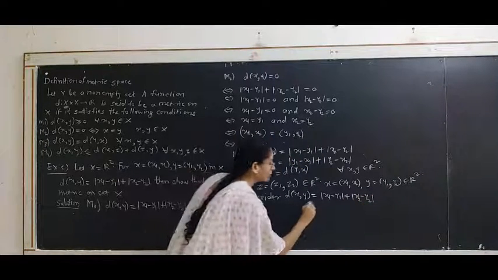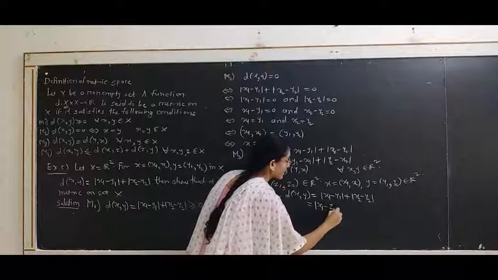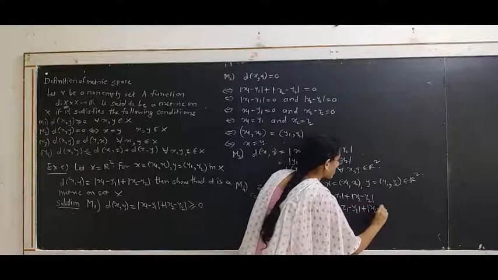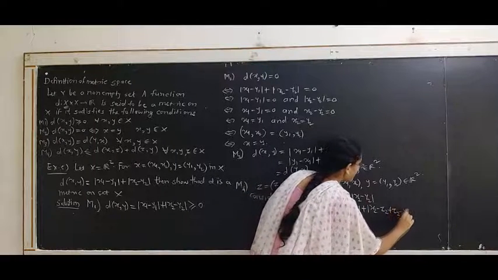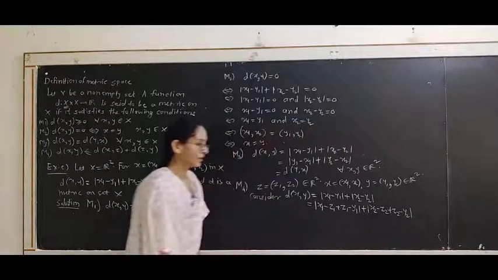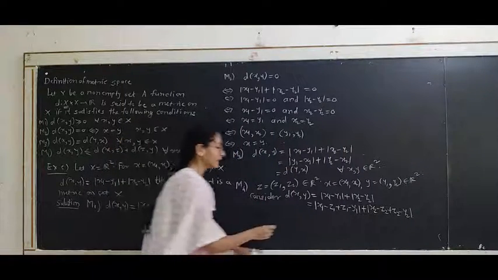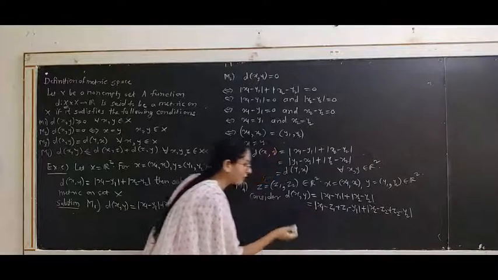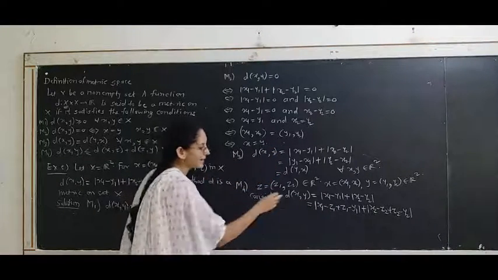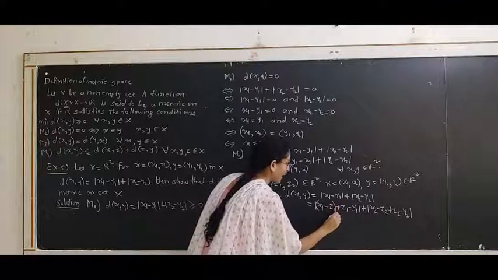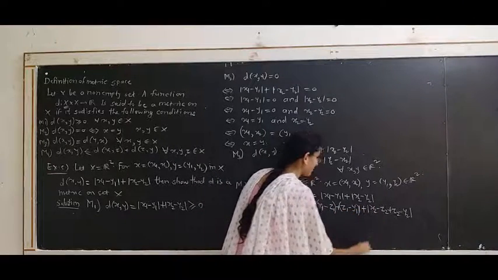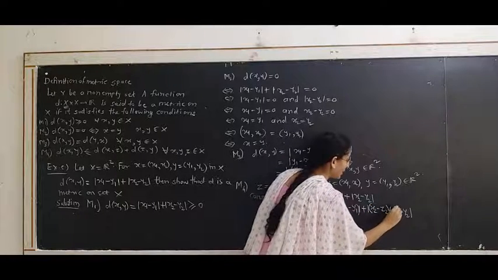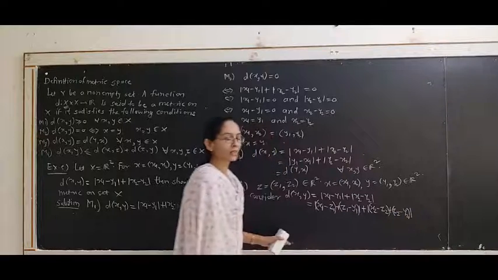This is equal to mod of x1 minus z1 plus z1 minus y1, plus mod of x2 minus z2 plus z2 minus y2. For this first modulus, we can put the bracket for x1 minus z1 and z1 minus y1, and next is for x2 minus z2 and z2 minus y2.